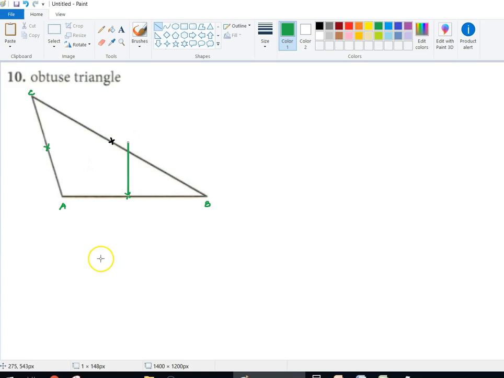So we have our first perpendicular bisector. Now I'm going to use the side CA, and I will do the same thing. And I just realized something. My perpendicular bisector here is not going to be long enough. So let me fix that. From CA, we will draw another perpendicular bisector.